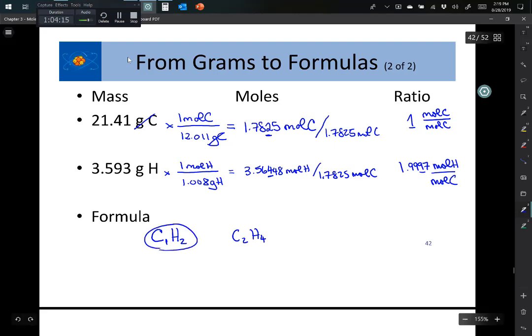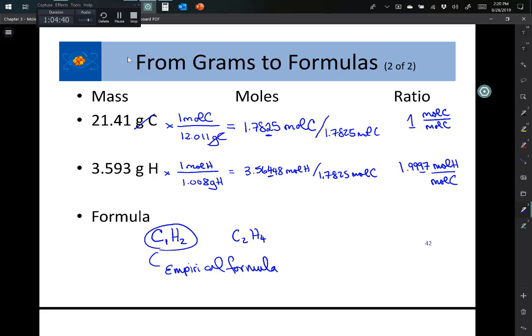Coincidentally, sometimes it is the molecular formula. And remember, the empirical formula is the smallest whole number ratios. It could be that it's C2H4, or it could be C3H6. It could be a bunch of different things, but we don't know.